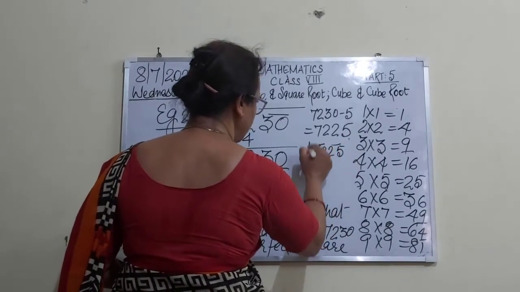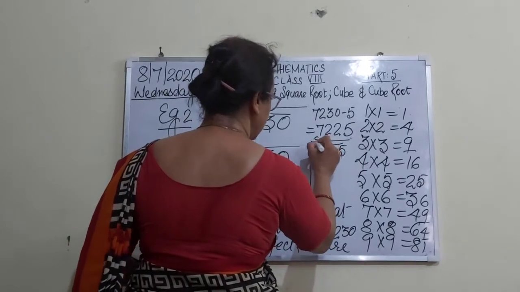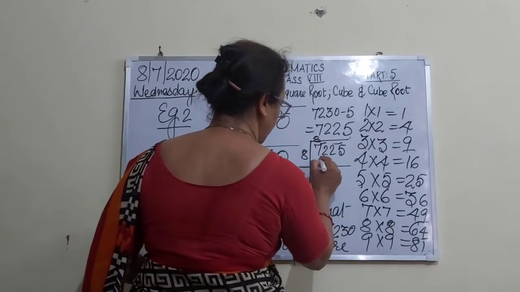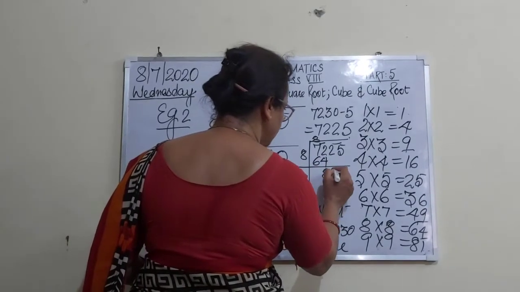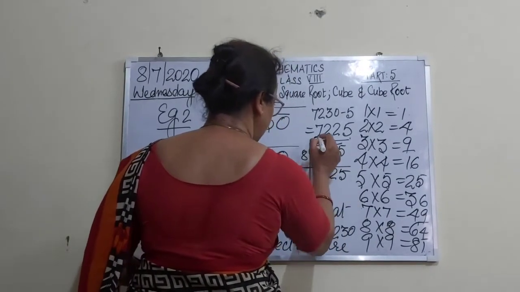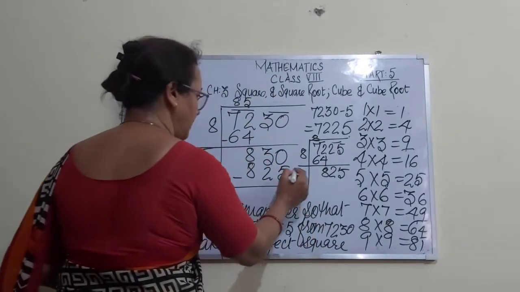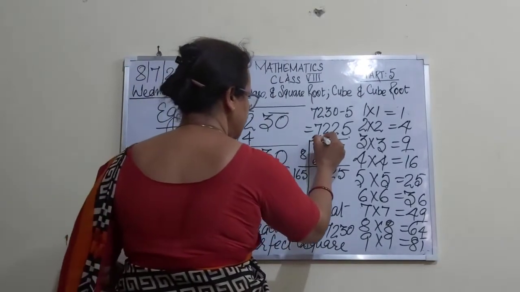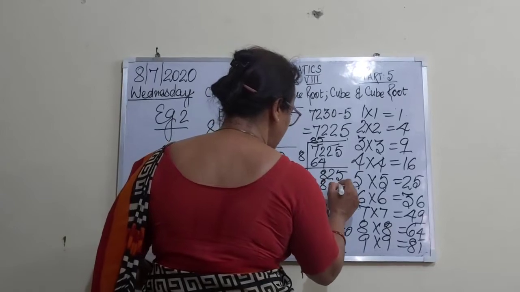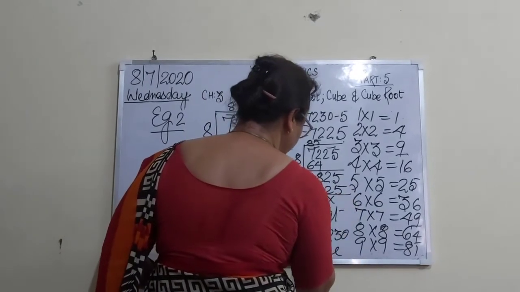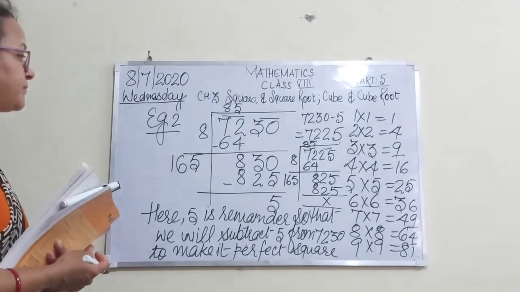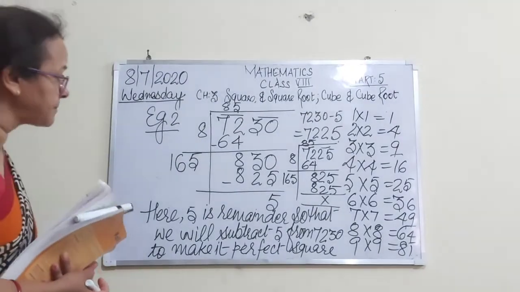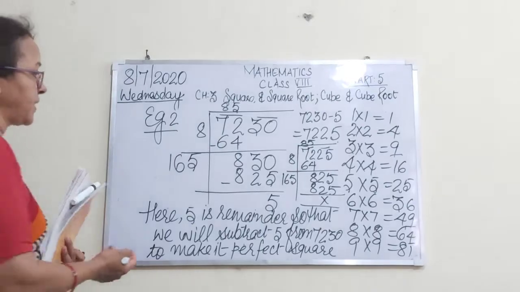Again I am doing 8 8s are 64. What is remaining? 8. Now what do I have to note down? 2 5. 8 2s are 16. Then 5. See, this is completely divisible. So what I have to subtract to make it a perfect square, I'll subtract 5.